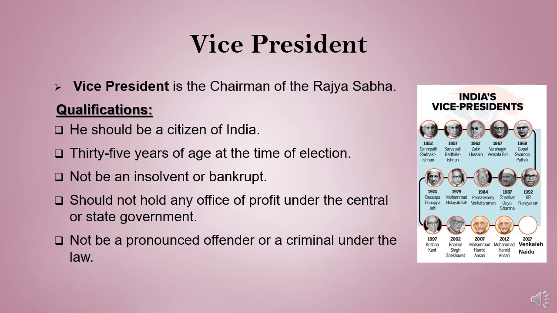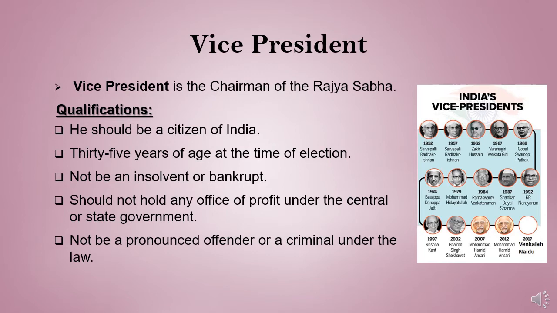Not be an insolvent or bankrupt. He should not have any kind of loan on him or be declared a defaulter by the bank. Then he should not hold any office of profit under the central or the state government. He should not be doing any kind of job under the central or the state government.